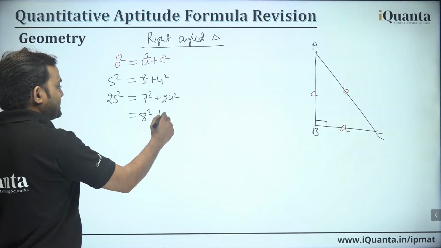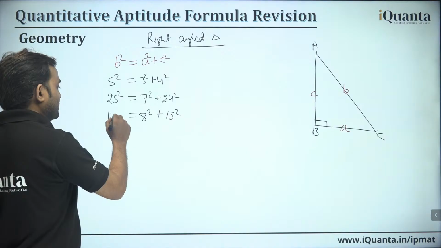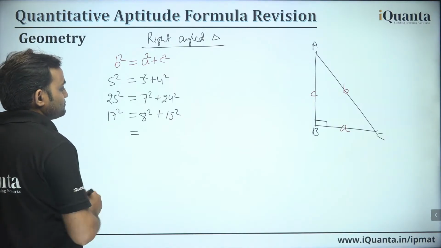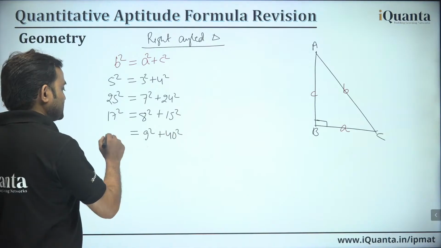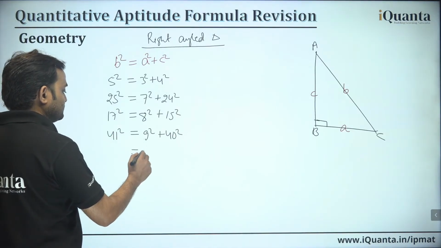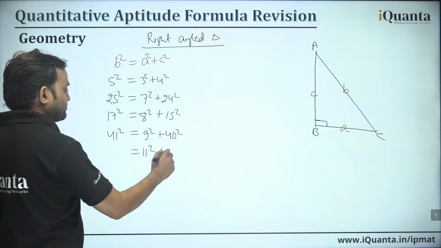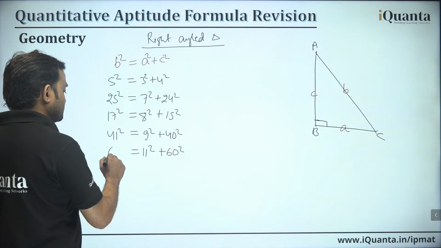Then 8 square plus 15 square is equal to 17 square. Then 9 square plus 40 square is equal to 41 square. Then 11 square plus 60 square is equal to 61 square.